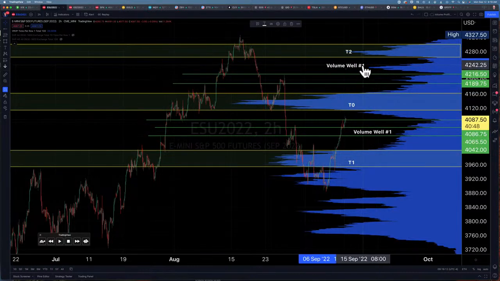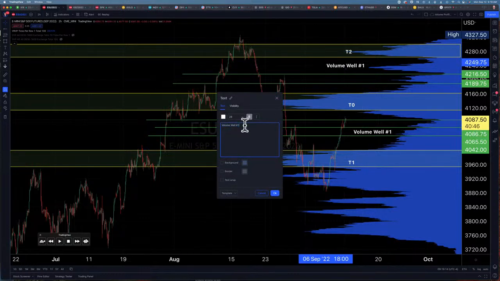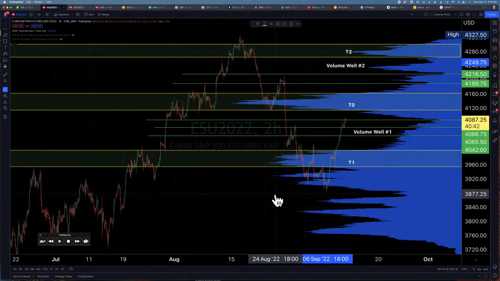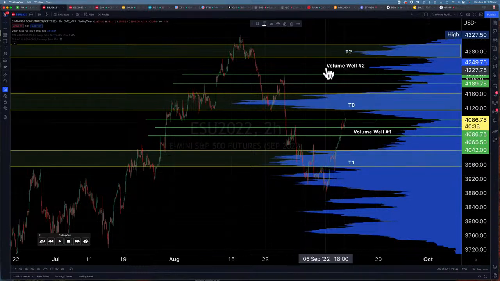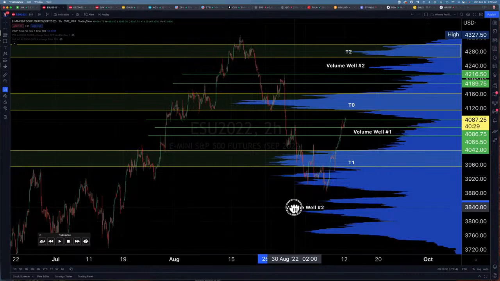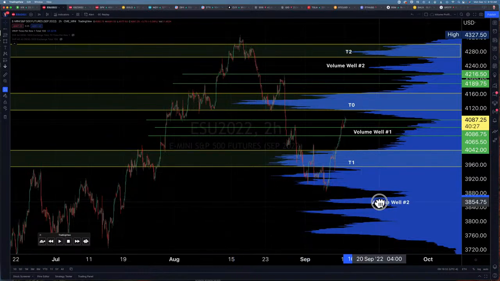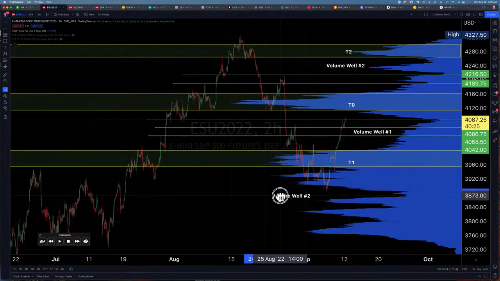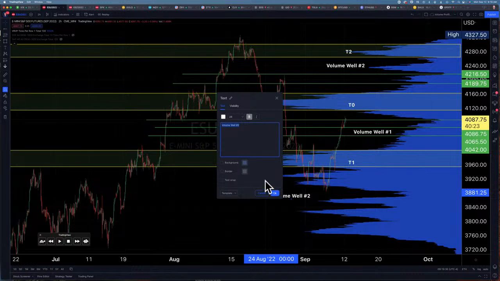Again, just so that when we're talking inside of the service in the trade room, and we're referring to these by name, everybody knows what we're talking about. And every week we do a brand new analysis. I guess you could say that the one down here is volume well number 3, but it's not as well defined right now, so we'll put it there anyways.